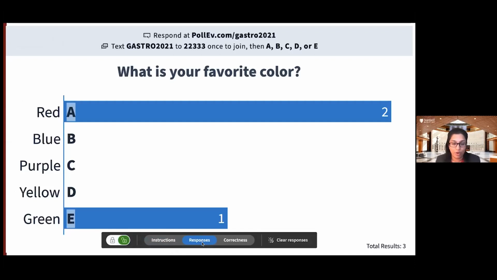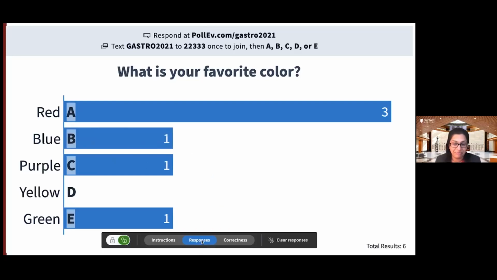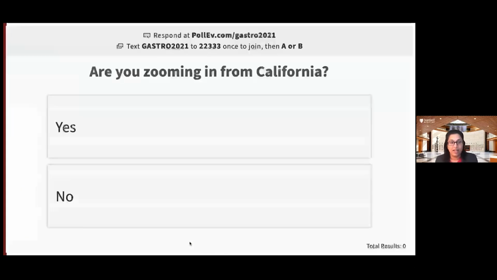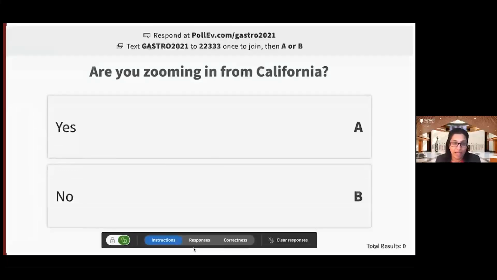So we have 1 more question to practice. So again, please make sure that you're able to log on to pollev.com/gastro2021 or text gastro2021 to 22333 in order to join. Great, we've got more people joining in now. Okay, we can move to the next question. Are you zooming in from California, yes or no?